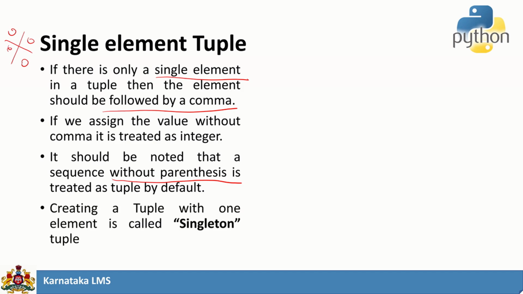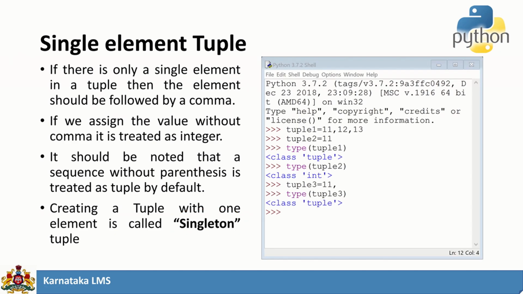This single element tuple is also known as a singleton. Consider this example. I am creating two tuples, tuple 1 with 3 elements and tuple 2 with only 1 element. When I display the type of tuple 1, it will return tuple. When I display the type of tuple 2, it displays integer, because we have only one element, so this is taken as an integer.